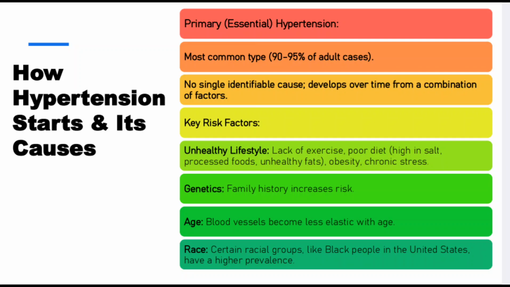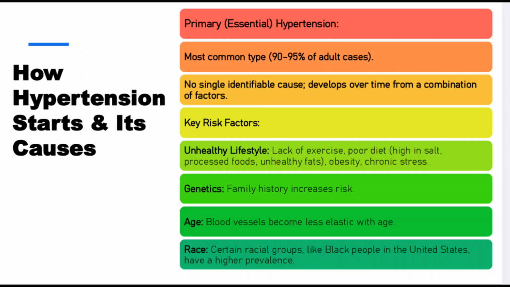There are certain key risk factors of primary hypertension, which include an unhealthy lifestyle: lack of exercise, poor diet that is high in salt or processed foods, unhealthy fats, then obesity and chronic stress. These are some factors for primary hypertension.